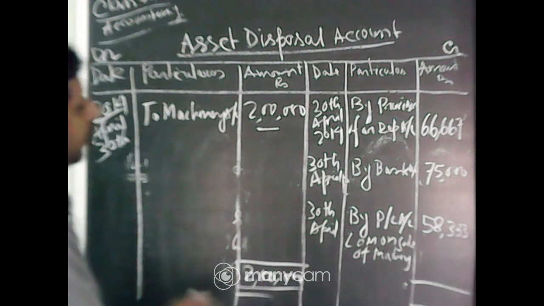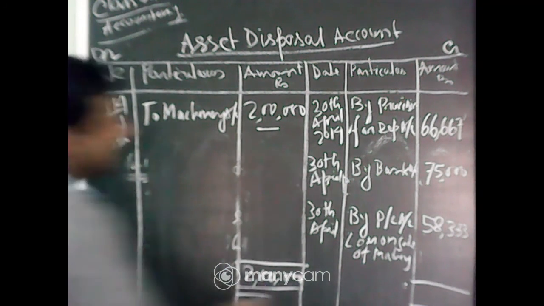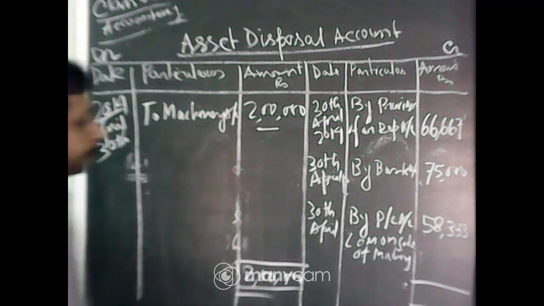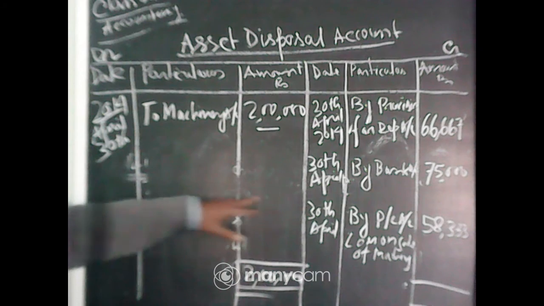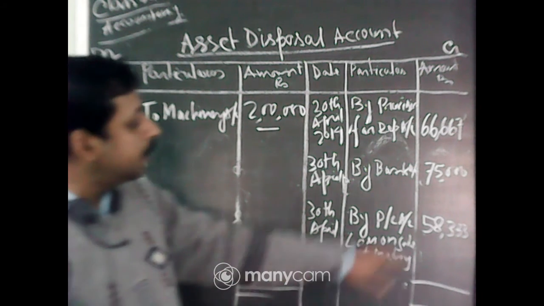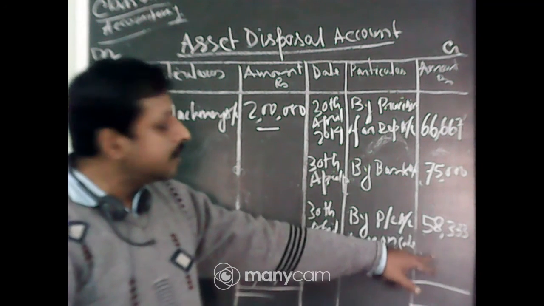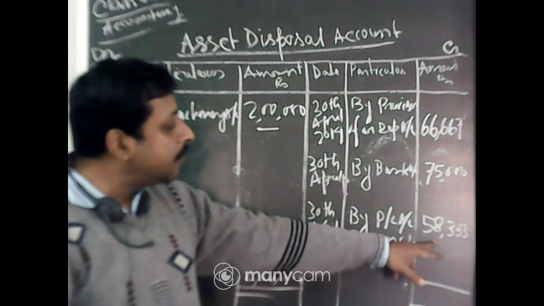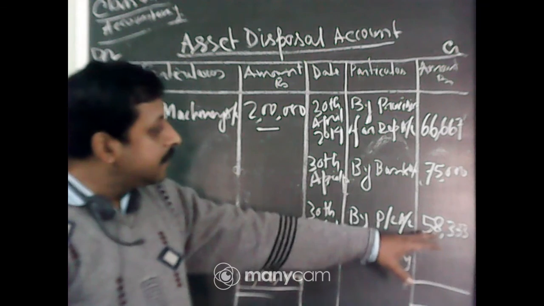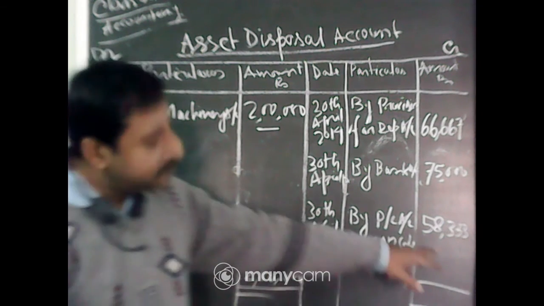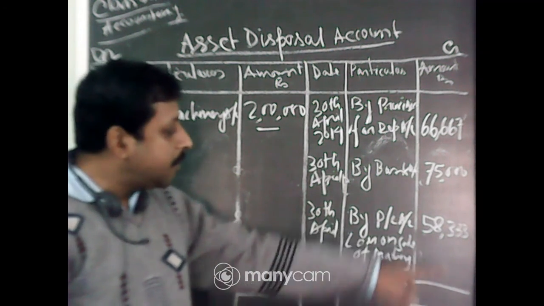So here you do not need to perform the workings to know whether there is a profit or loss. Usually from the balancing figure you can easily get it. If the debit side is less, that is profit. If the credit side is less, as in this case, the amount 58,333 is less, and so this is the loss amount.